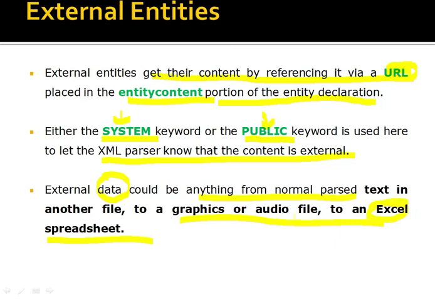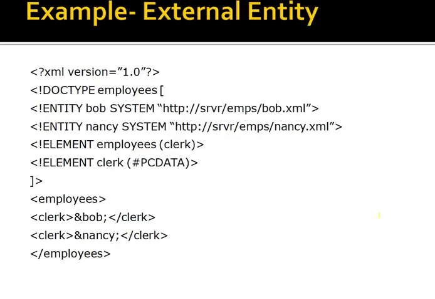So it is a referencing. The data that the entity takes could be of different types, like a text file, graphics file, audio file, or even an Excel spreadsheet. And this is an example of an external entity.